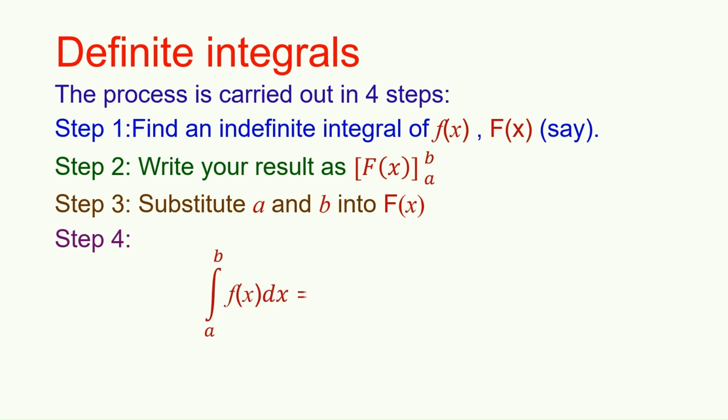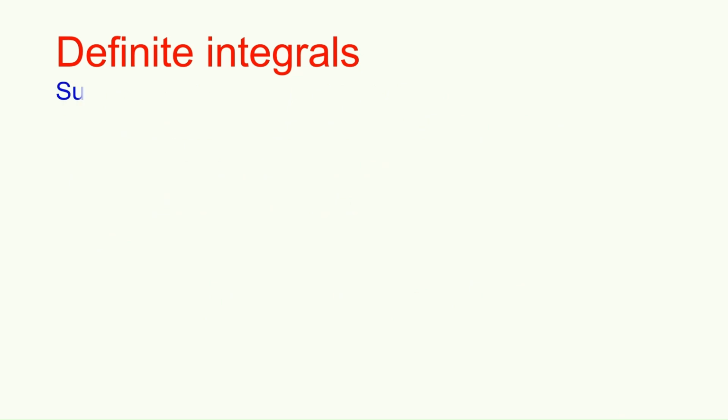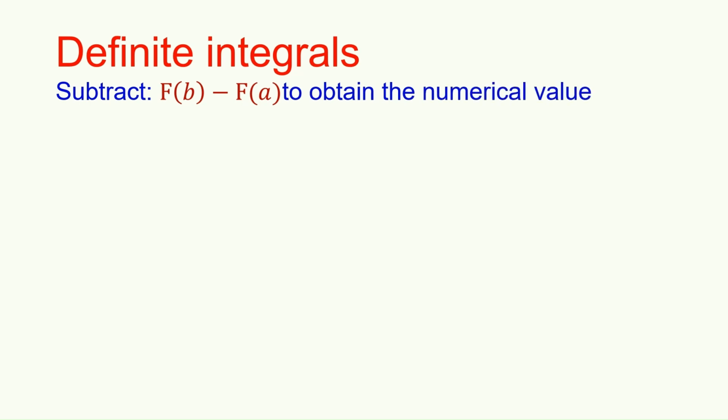Step 4. Finally, we have the integral of f(x) with respect to x from a to b equals F(b) minus F(a). We subtract F(b) minus F(a) to obtain the numerical value.